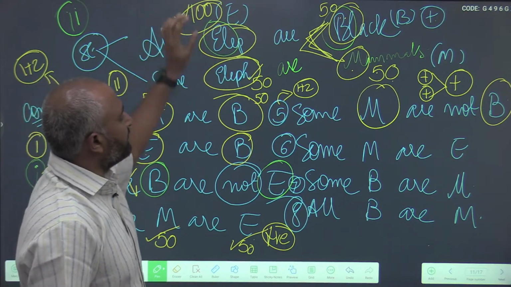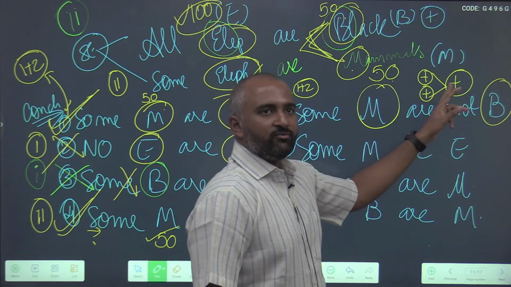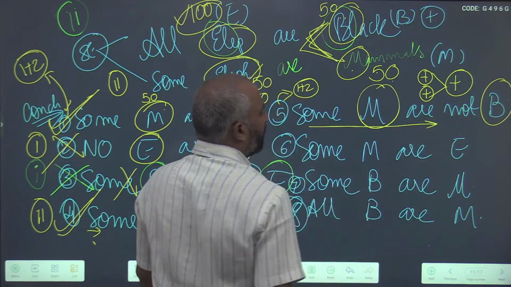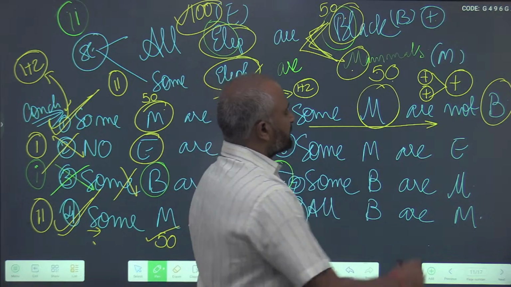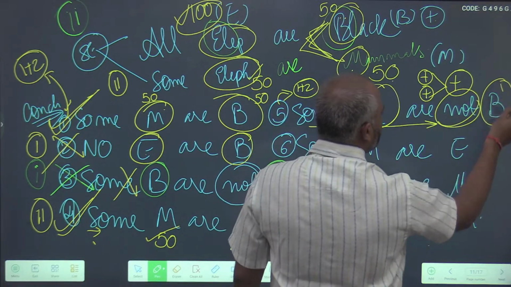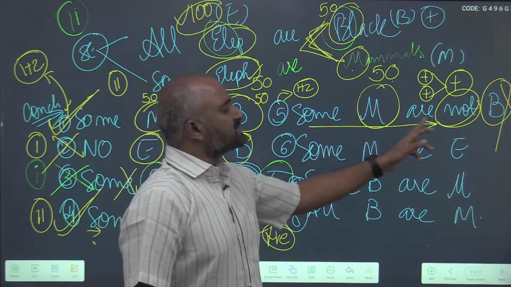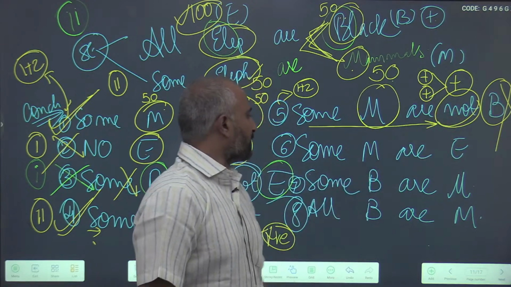Positive and positive will give a positive conclusion. But conclusion 5 is a negative conclusion. Not is involved. So although the connection exists, since this is a negative statement, it cannot be.